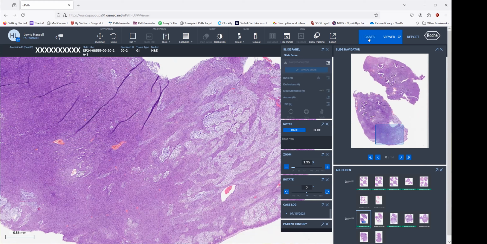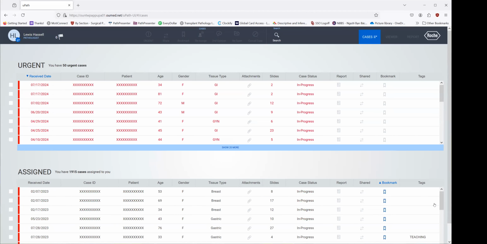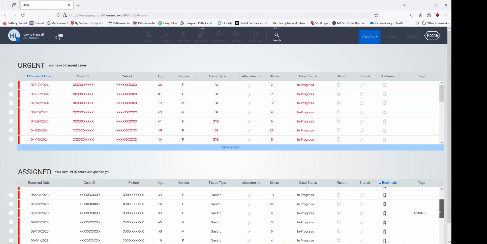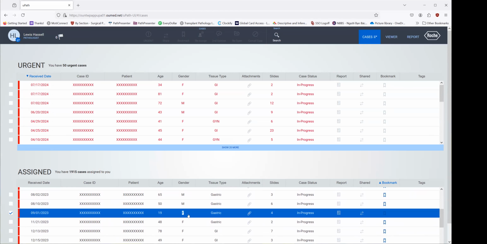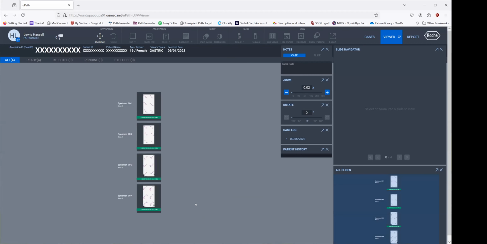All right, let's see if we can find another great case here in my bookmarked files. Okay, so here's some GI biopsies.